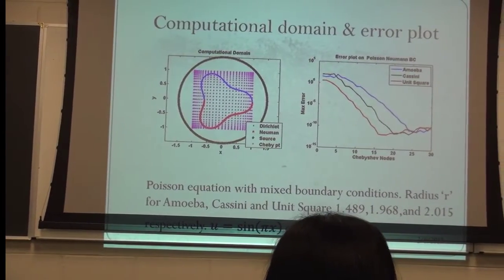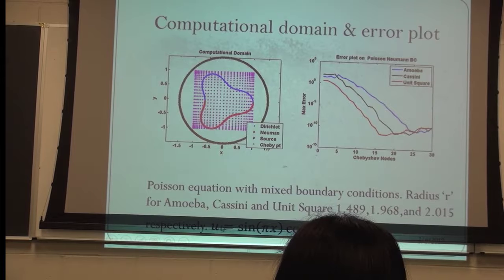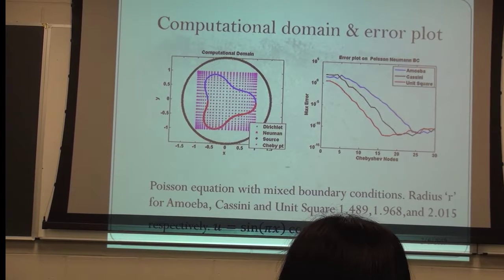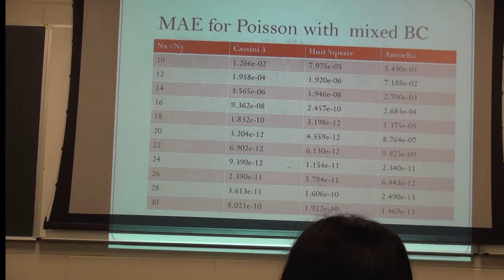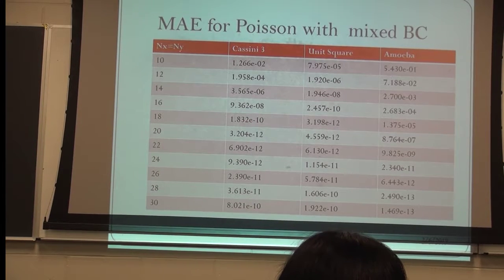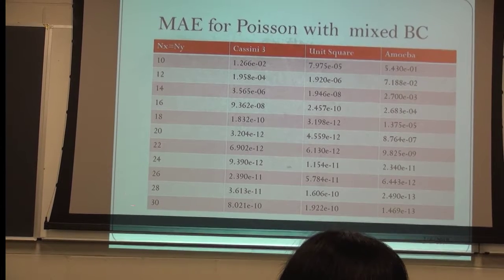Here we have the computational domain testing, and in this case also, as you see here, I think we use only the method of fundamental solutions. So we go up to 30.